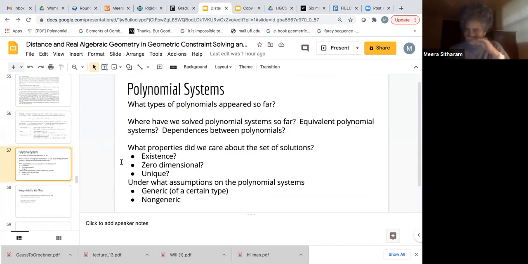So what types of polynomials? I think we asked this question two lectures ago. We have certainly seen the distance polynomials, the simple quadratics. We have seen the Cayley-Menger polynomials in our discussion so far.